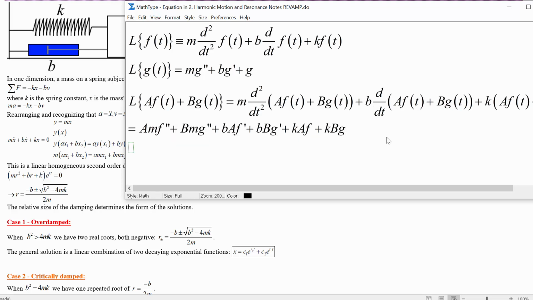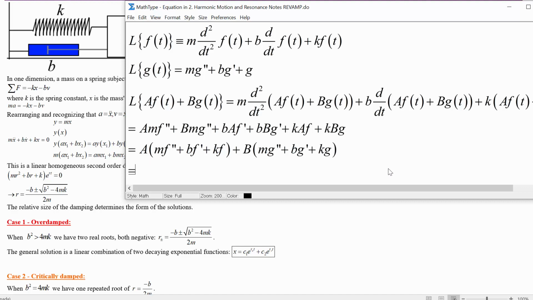Okay, now let's factor out all the big A's and big B's. So we've got big A times (m f double prime plus b f prime plus k f), and the B term similarly will get m g double prime plus, inside the brackets, b g prime plus k times g.